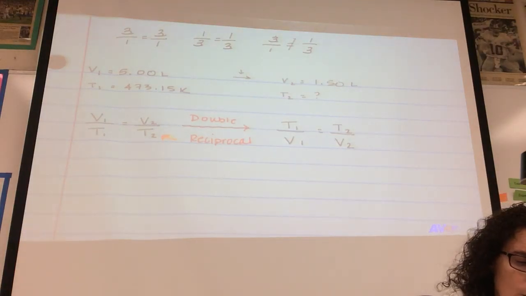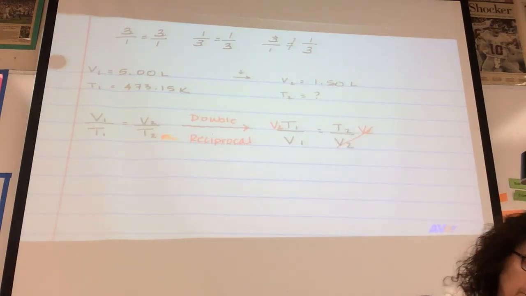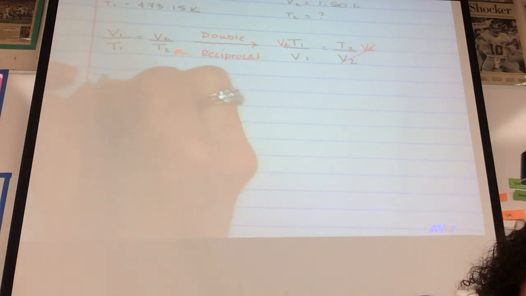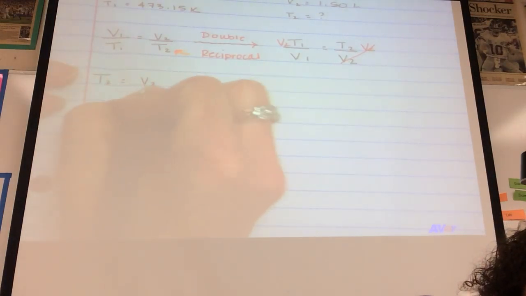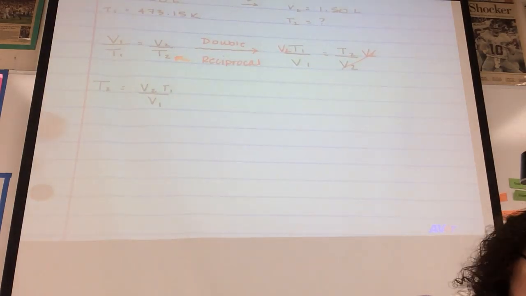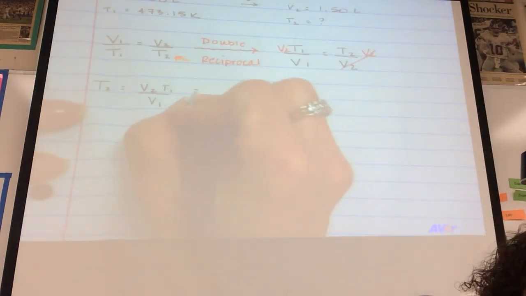Once you flip both of them, then you can solve for T2. You can multiply both sides by V2. And what you have then is T2 is equal to V2 T1 over V1. And once you've got your formula, now you can plug and chug away.